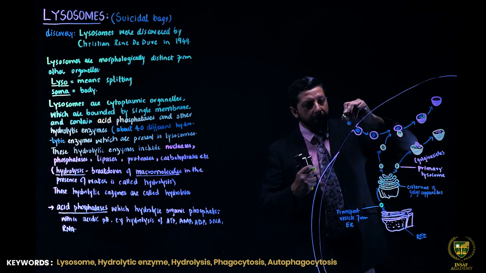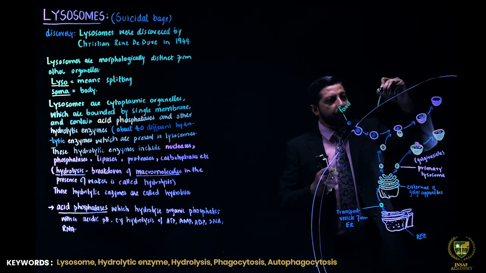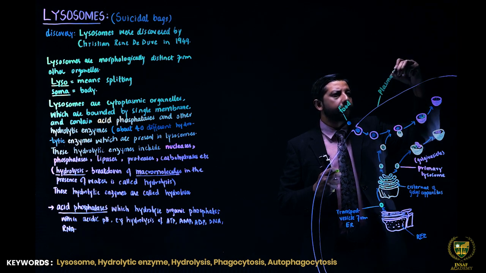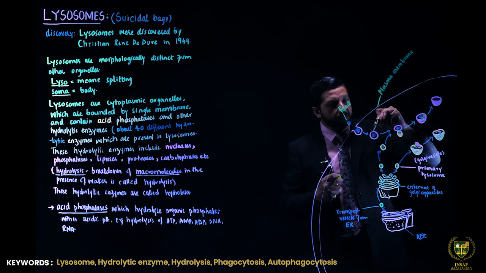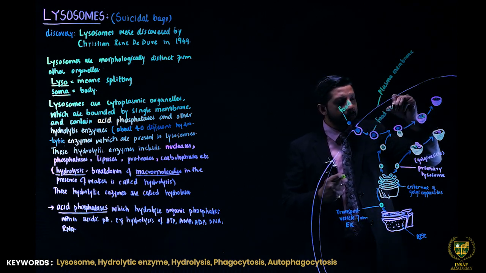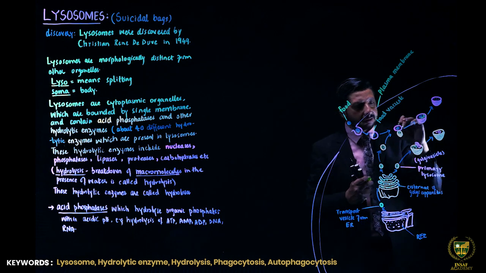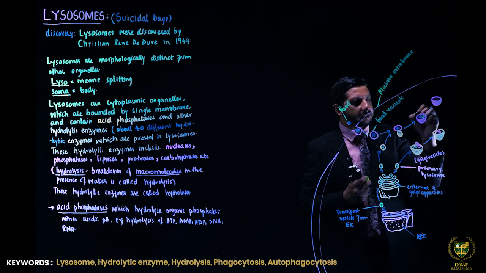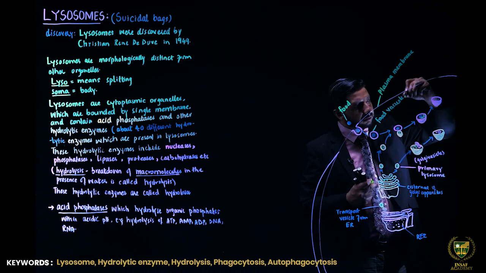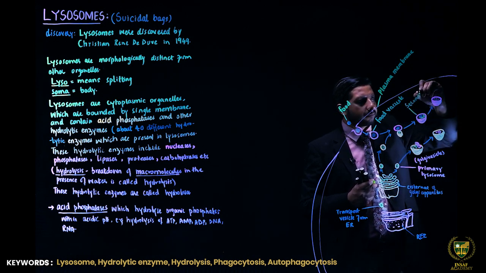So this is food, and this is our plasma membrane. And this is now the food vacuole. Clear? And this is now the primary lysosome getting attached to this food vacuole, and it becomes, now this is the secondary lysosome.